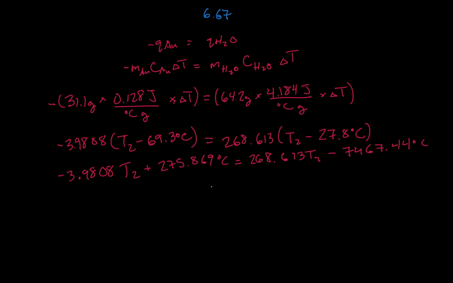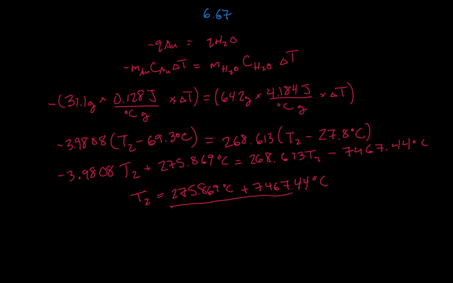Okay, so we'll group the one on the other side. So T2 would be equal to, in this side, this is 275.869 degrees Celsius, because this would be moving to the other side, plus 7,467.44 degrees Celsius.